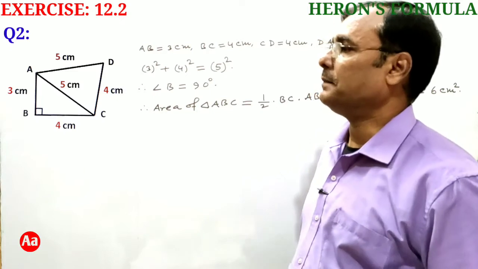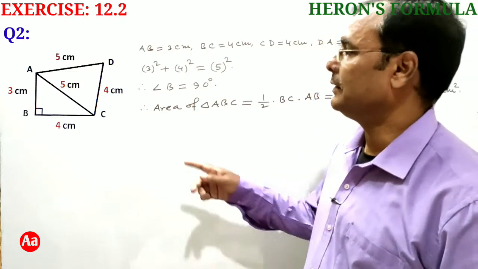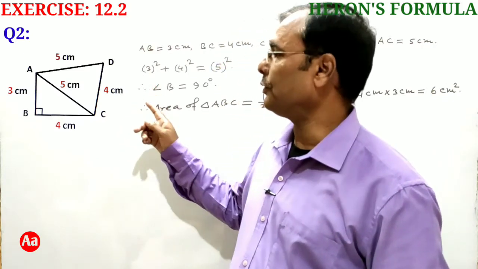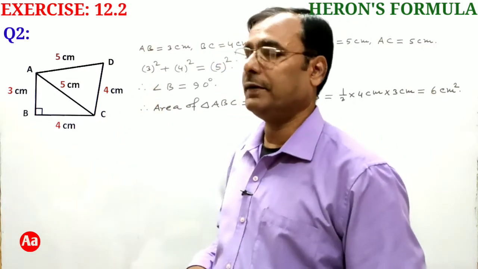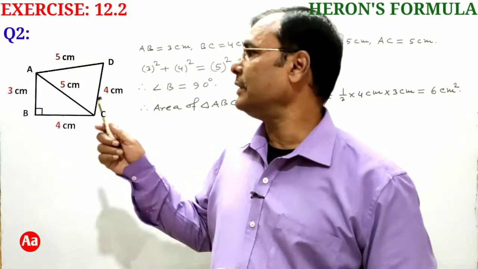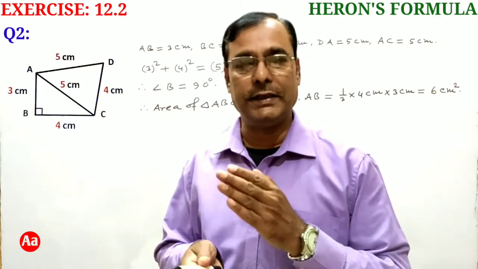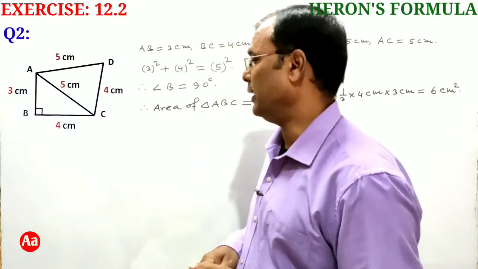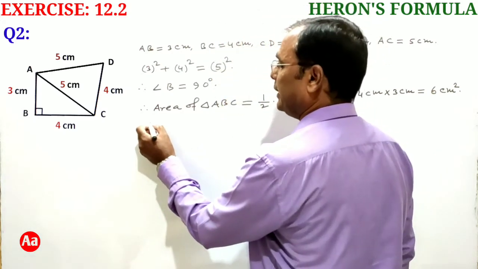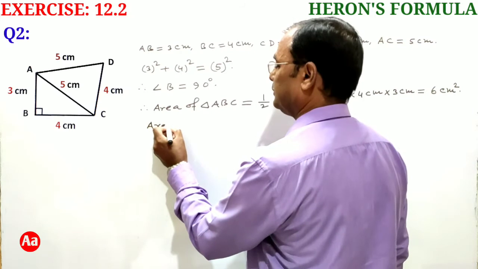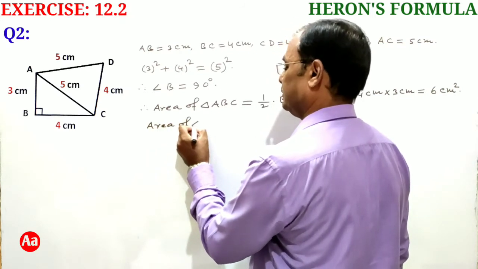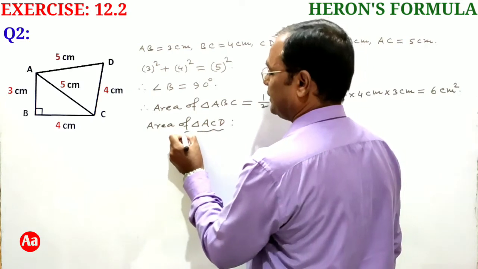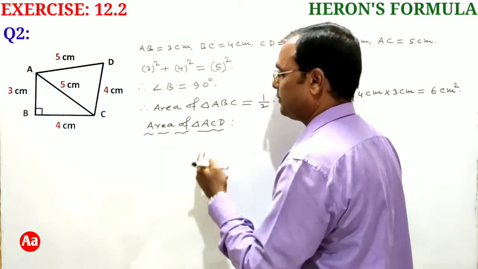Now let's see triangle ACD. AC 5, CD 4 and AD also 5. So triangle ACD is an isosceles triangle. To find its area, now we are going to apply Heron's formula. So to find area of triangle ACD, let's use Heron's formula.